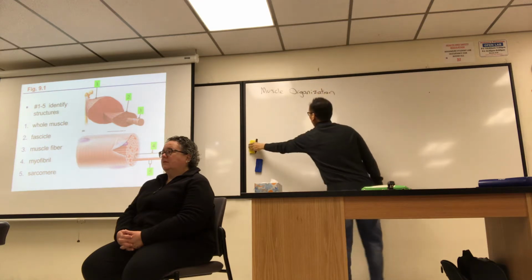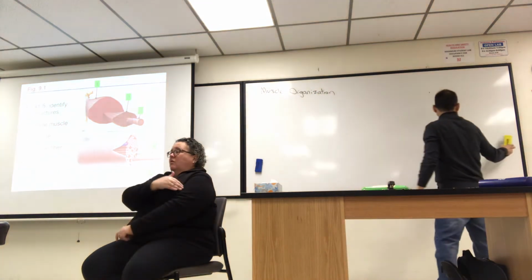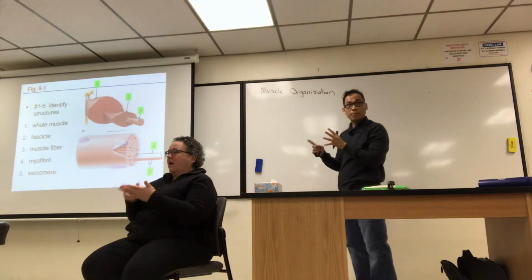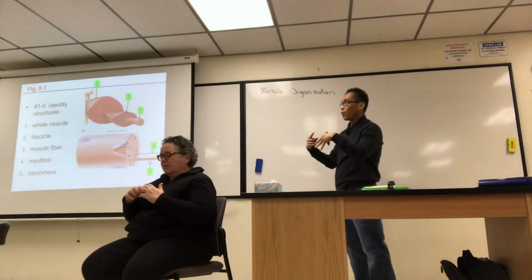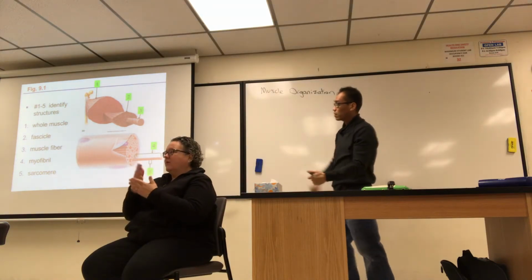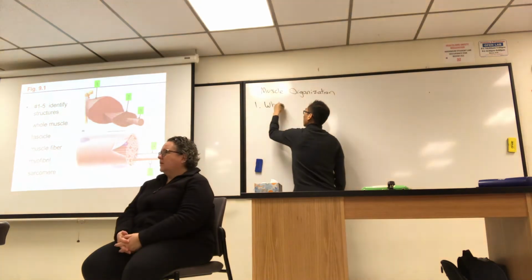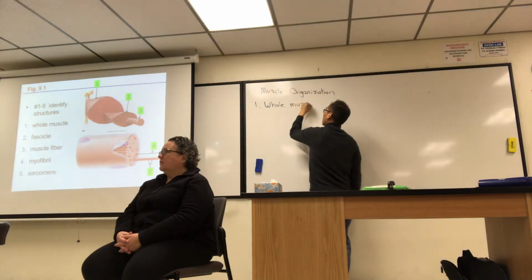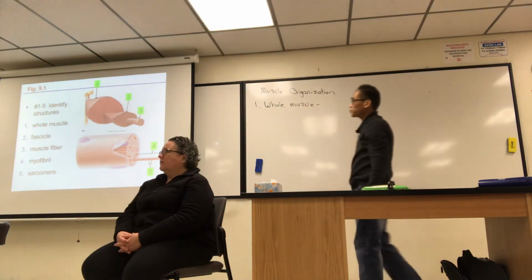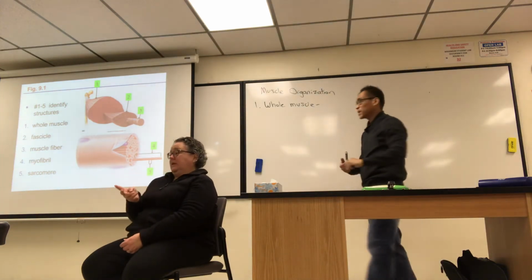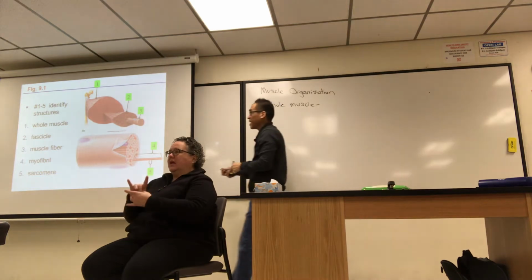So when muscle is cut, like the picture, you can pull out all the different parts. But if you just consider the whole muscle, what you see is that the whole muscle is connected to the bone by its tendon.